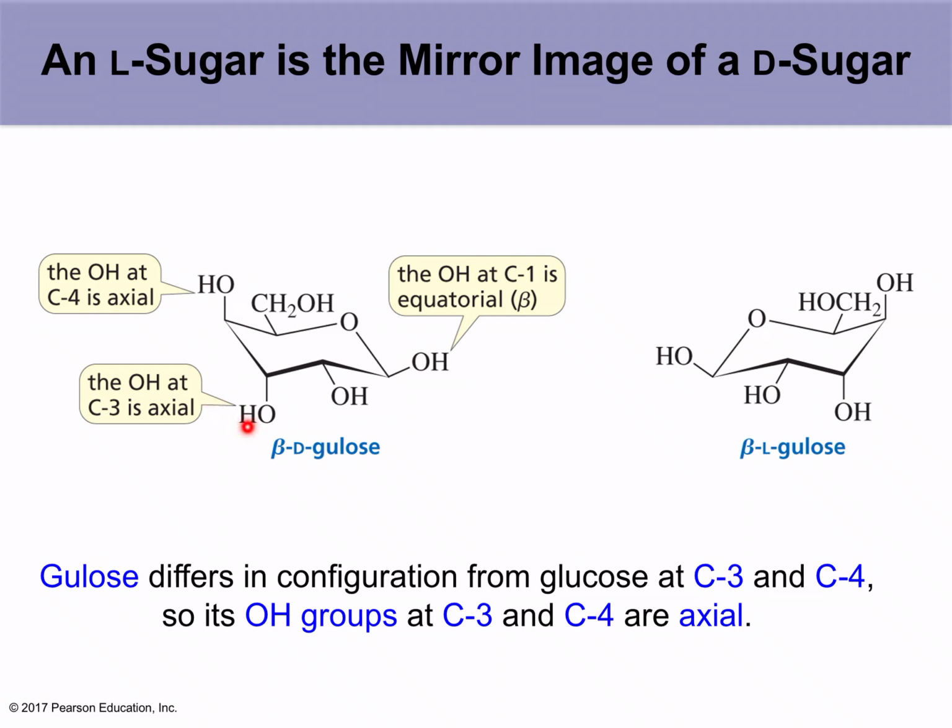Again, that would create steric hindrance, 1,3 diaxial interactions, making it unstable compared to glucose. So compared to other sugars, that is why we see glucose as the most abundant sugar. And this is L-glucose. Even in L-glucose, we will have two hydroxyl groups in axial orientation.